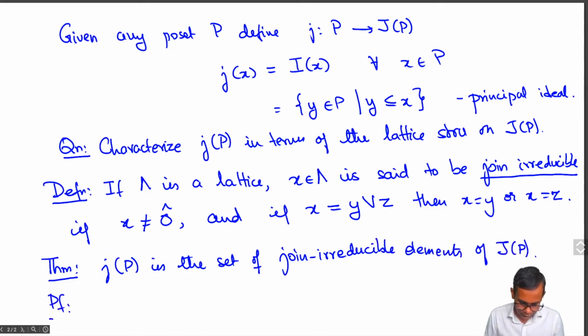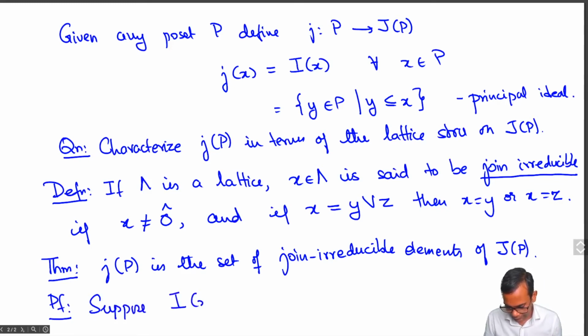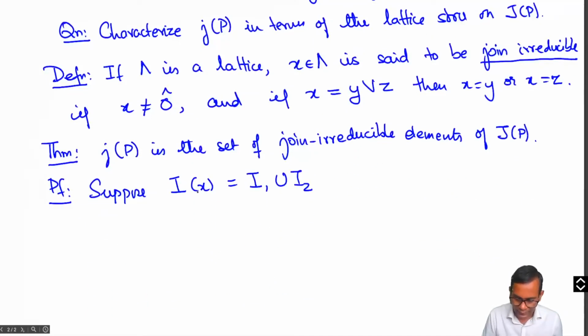Let's prove this. Firstly, I want to show that every principal ideal is join irreducible. Suppose that I have a principal ideal I_x, and this is of the form I_1 union I_2. Now x lies in I_x, so x must either lie in I_1 or x must lie in I_2.